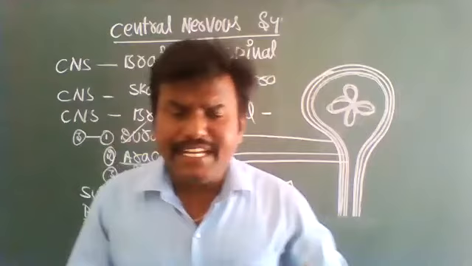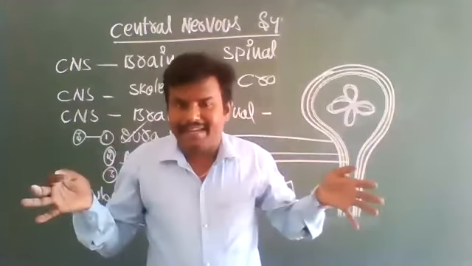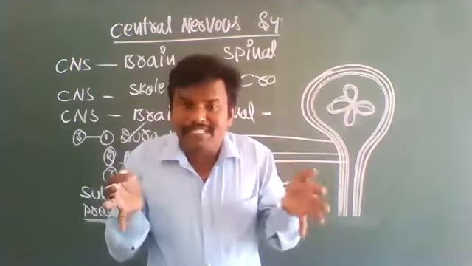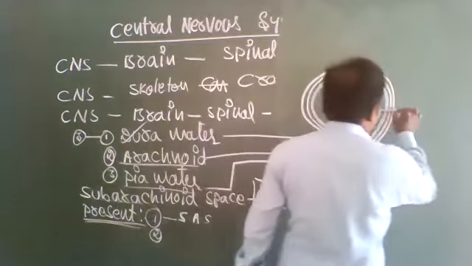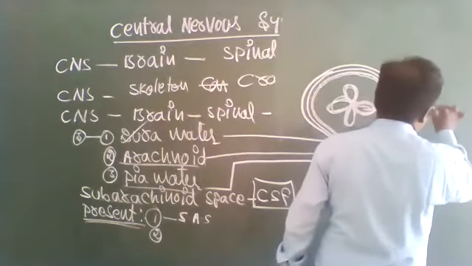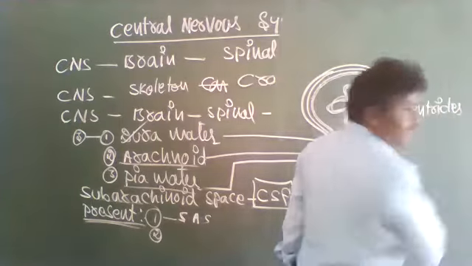So, in the brain, these cavities are widened and form a space. That is called the ventricles of the brain.